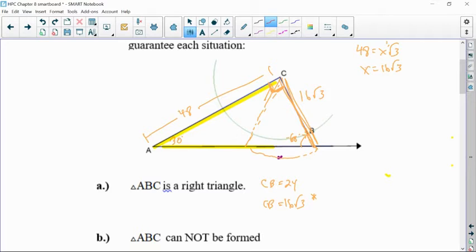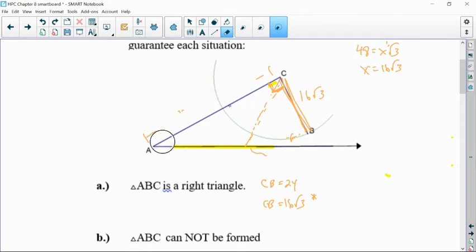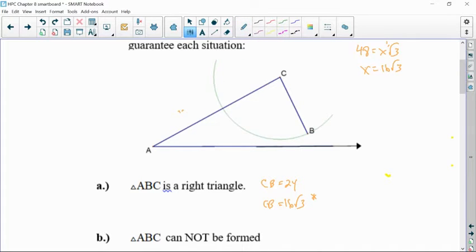Okay, how can we make a triangle not formed? Well, we just make sure that CB isn't going to intersect or touch, there's the eraser, sorry, the line that's on the ground here. So as is right now, CB won't quite make it. A good way to solve this is to think about when it would just skim the surface.